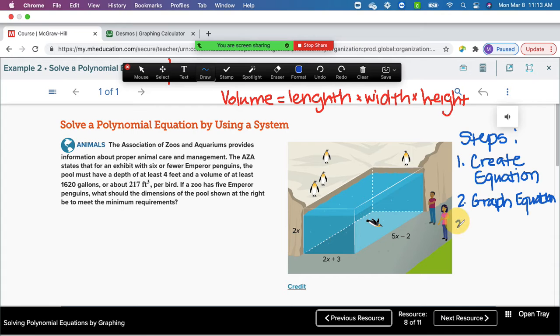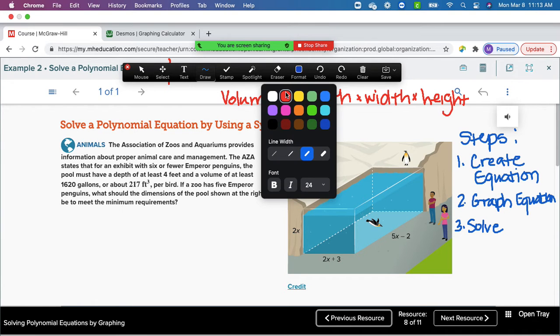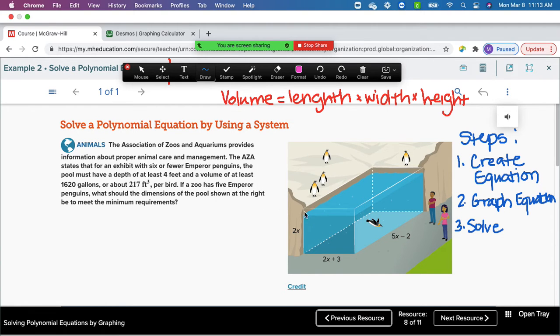And then the third step, you can then solve the problem. So in creating this equation, we're going to take our volume formula. And here we can see we have our length, width, and height.